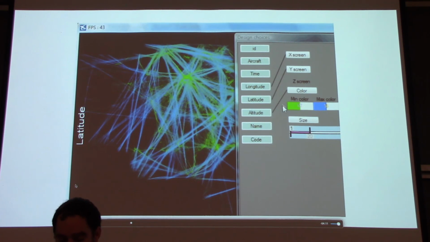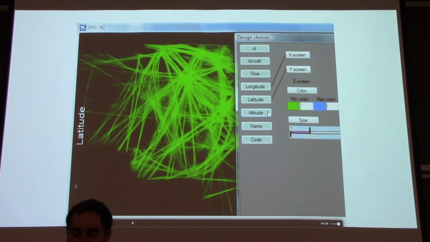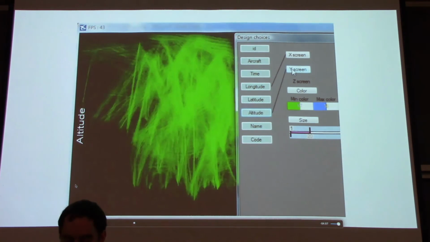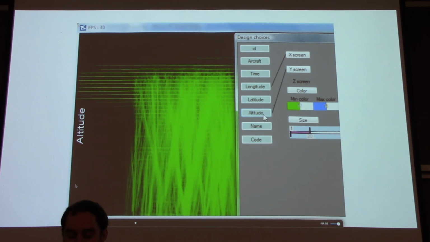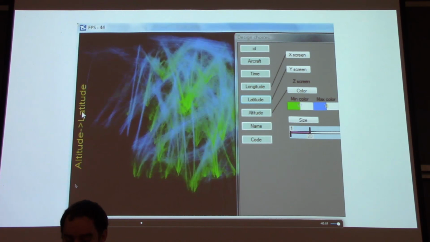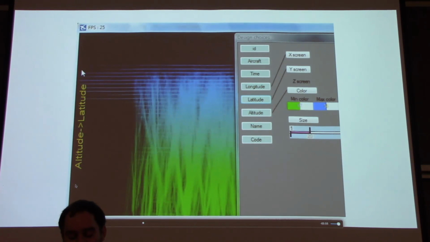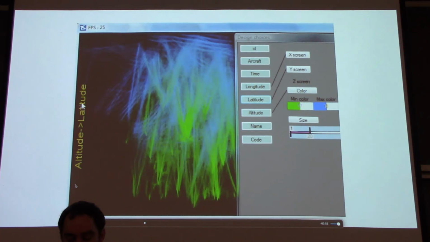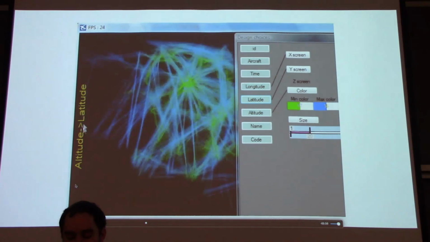You can dynamically assign the variables here, and then you can switch between altitude and longitude, latitude. So you can essentially tilt the area, and you can brush in both directions. And you can also dynamically do that here, so that you get a sense of where the planes were landing.